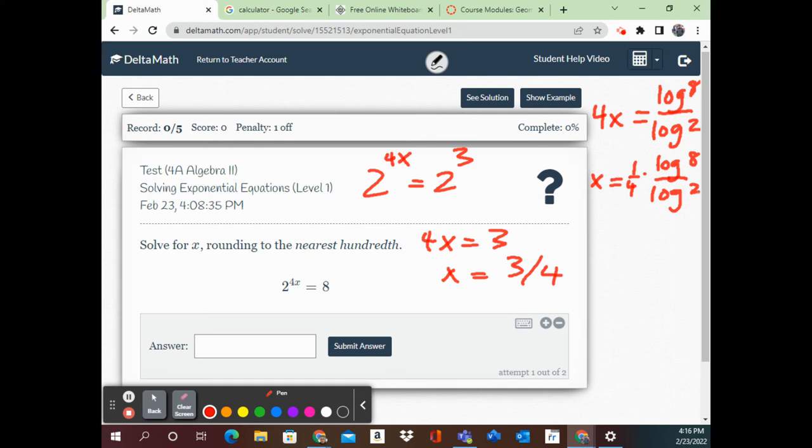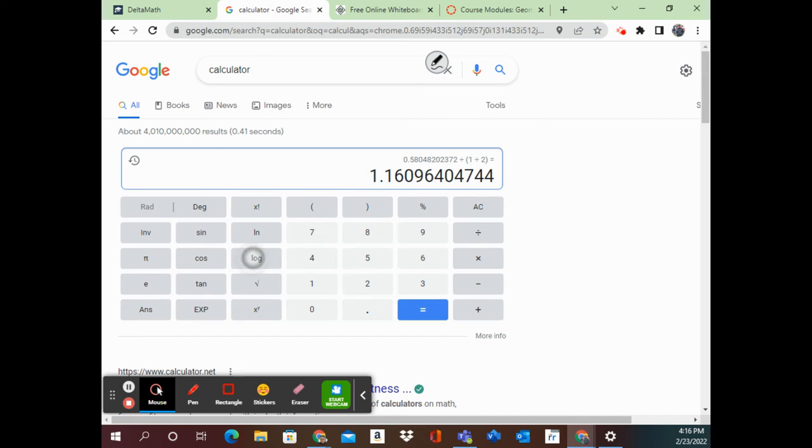We're going to type these two answers into our calculator to show that we get the same answer. The first one is 3 over 4, which is 0.75. Now we type 1/4 log 8 divided by log 2, so we do log 8 divided by log 2 and multiply that by 0.25, and that gives me 0.75.